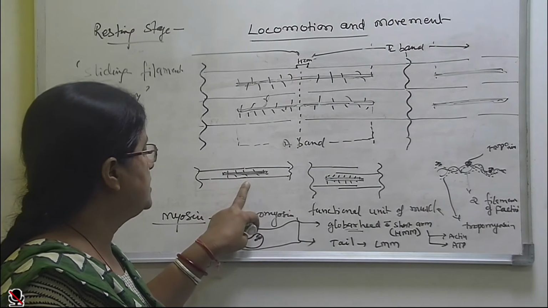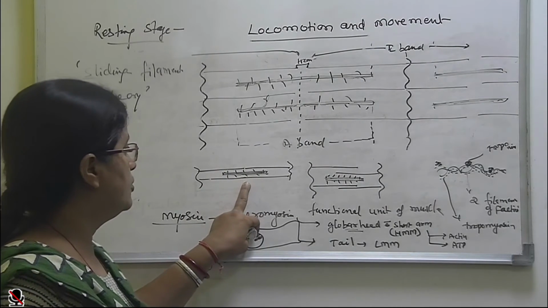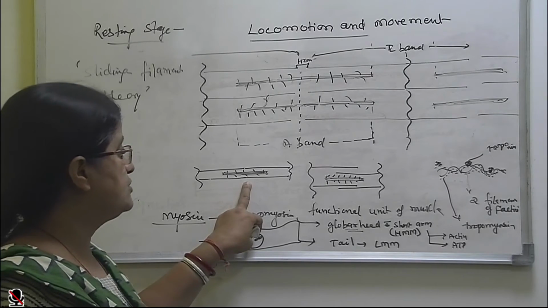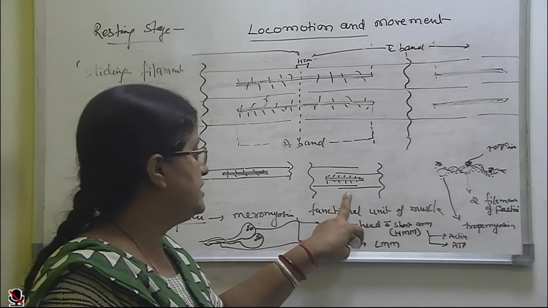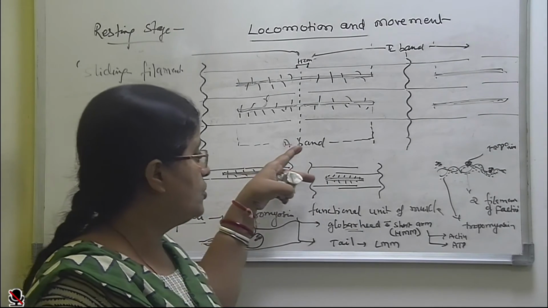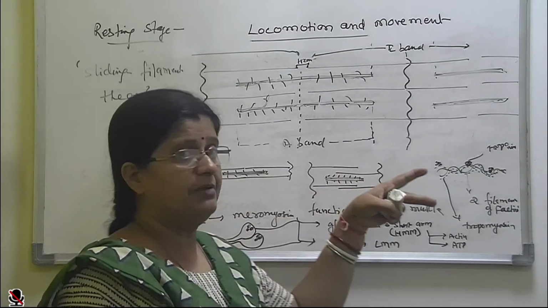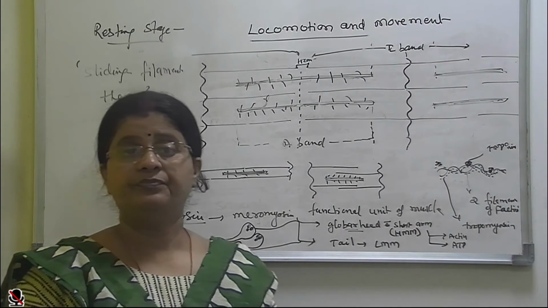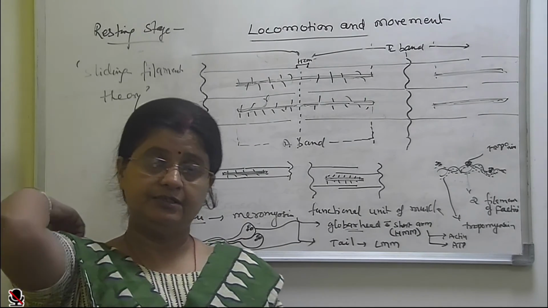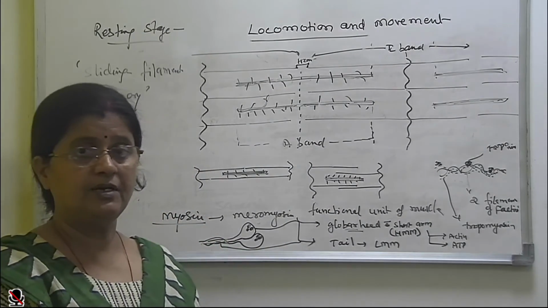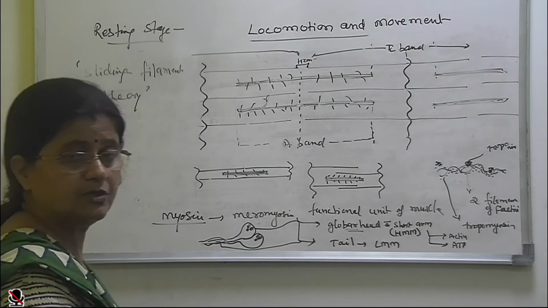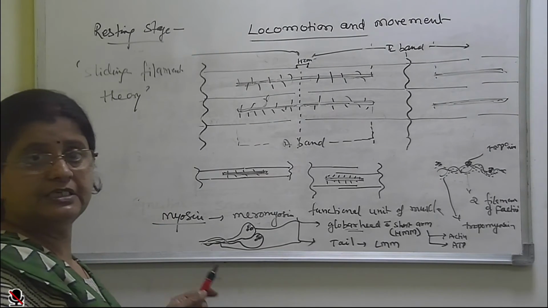But here you can see the actin filament has almost overlapped the myosin. And in this you can see there is so much contraction, maximum contraction, and the actin filaments overlap this also. Right? So is it clear?